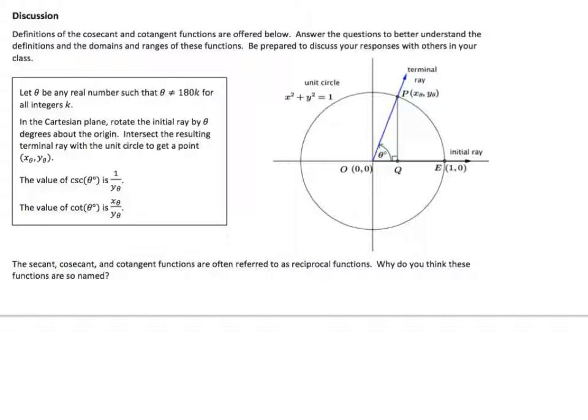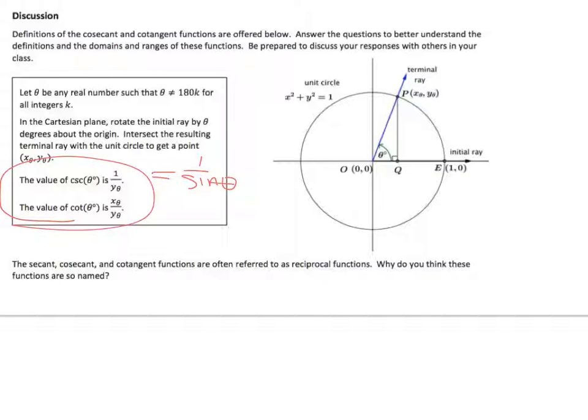Phew. Definitions of the cosecant and cotangent functions are offered below. Answer the questions to better understand the definitions and the domains and ranges of these functions. Be prepared to discuss your responses with others. We'll talk about it tomorrow if you have questions. What we see is cosecant is 1 over y theta, which is going to be 1 over sine theta.